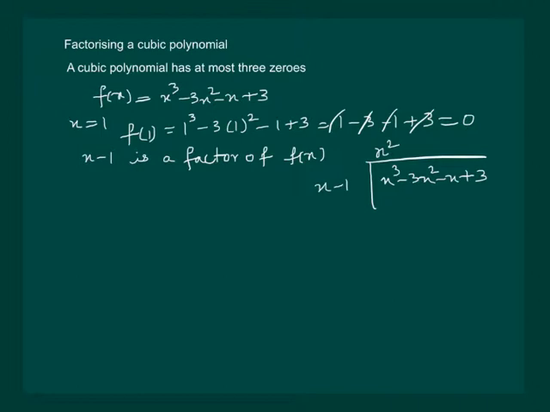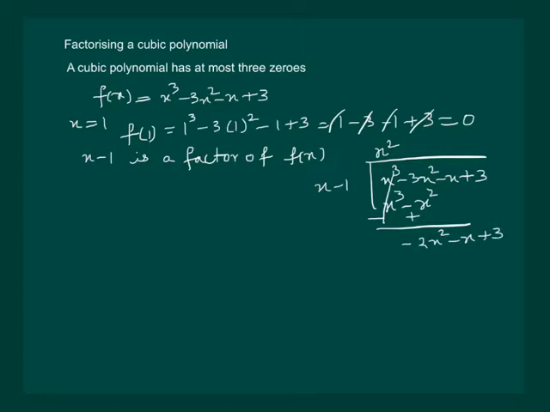We get x into x square as x cube, and minus 1 into x square is minus x square. Now we need to subtract. X cube cancels and we are left with minus 2x square minus x plus 3.